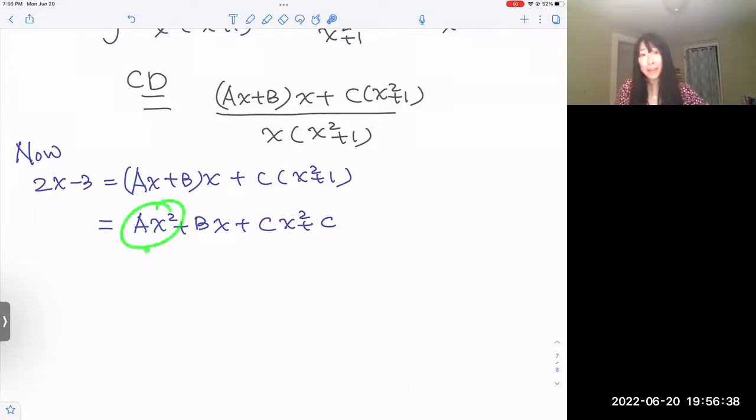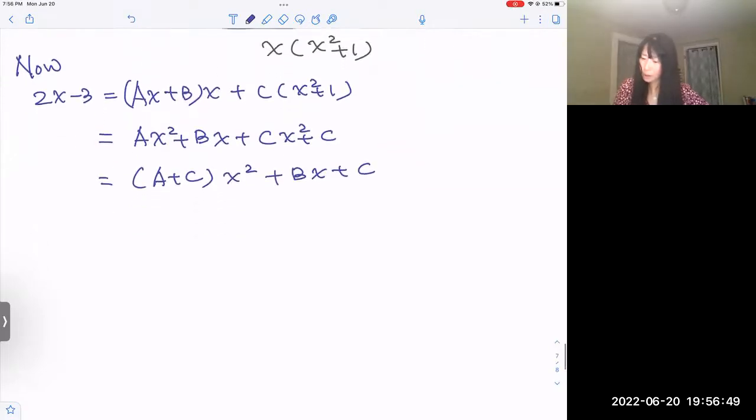All right, so we combine like terms: x squared has a plus c, then x squared plus bx plus c. Okay, corresponding. Look, there is no x squared on the left, so the x squared coefficient equals 0. And look, the x term itself equals 2. And look, c equals -3.